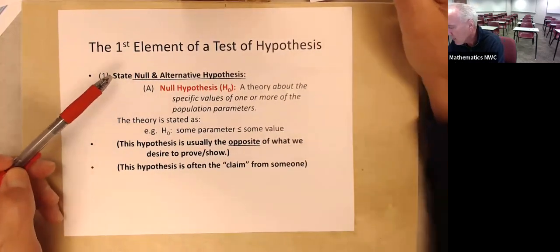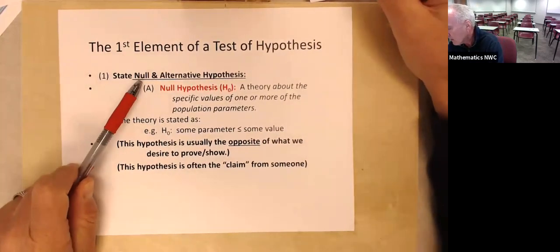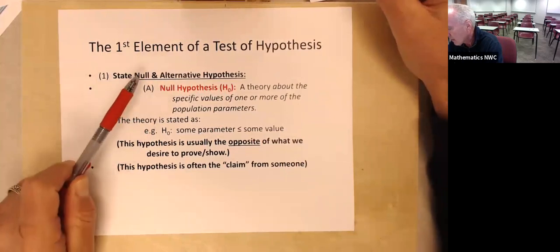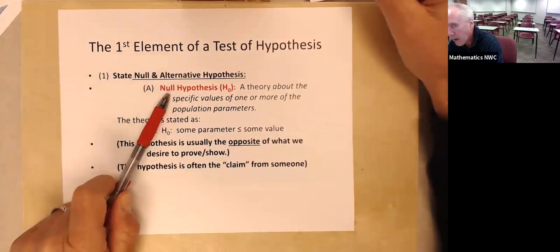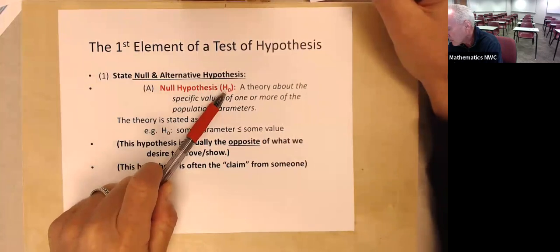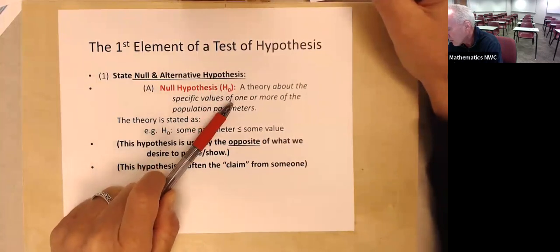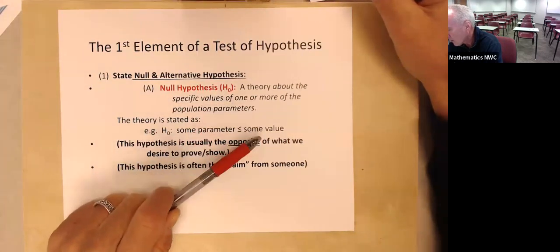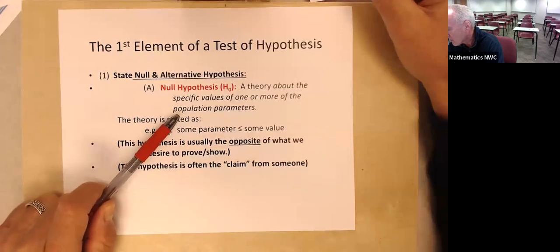In step 1, we have to make both a null and an alternative hypothesis. The symbol we use for the null is H sub 0. It's a theory about specific values of one or more of the population parameters.